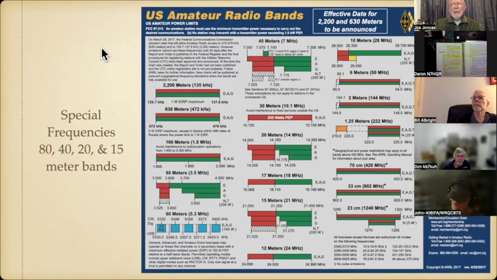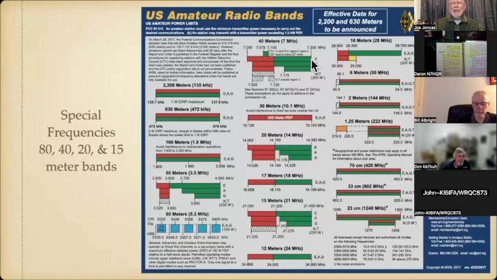But now here is the chart. So we're talking about the band edges. And let's just use 40 meters here. Thank you, Scott, for making me think of getting a big pointer so people can see it. Here's the high end of 40 meters, which is 7.3 megahertz. This is lower sideband.